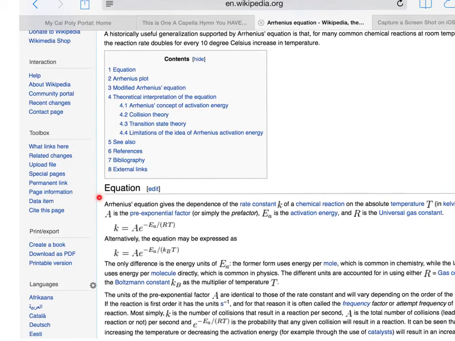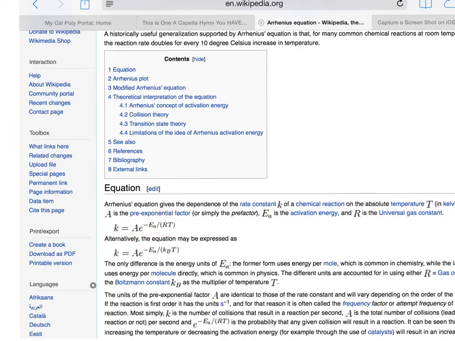And the thing I wanted to point out is the fact that this equation is almost identical. In fact, it is identical in form. You have a constant. So the rate constant for a chemically activated process equals some constant times e to the minus EA, activation energy, over RT.